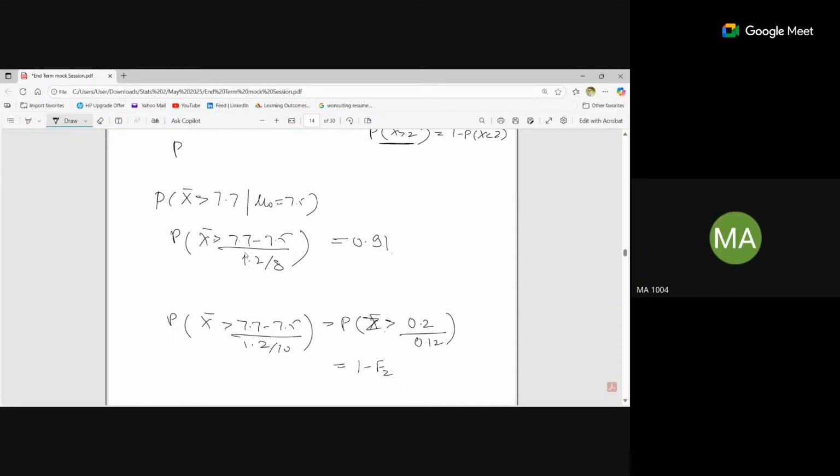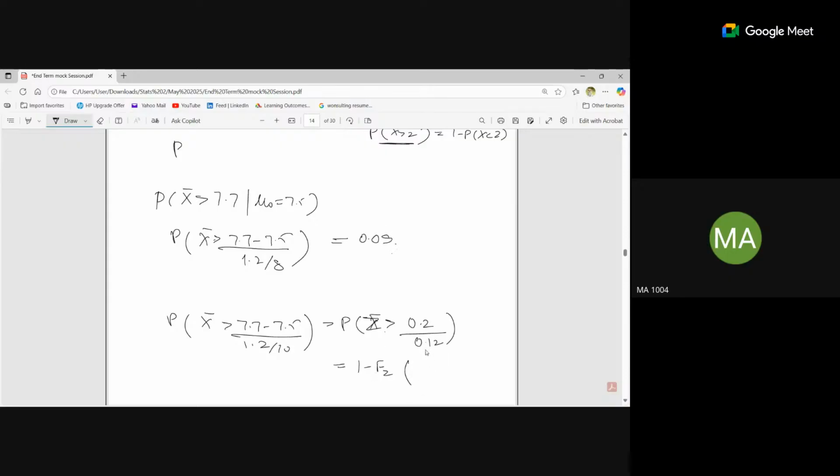Yes, ma'am. So it is the alpha value. 1 minus 0.91, it's 0.09. It is 0.09. And what is this value?